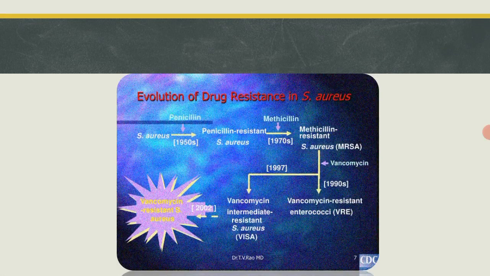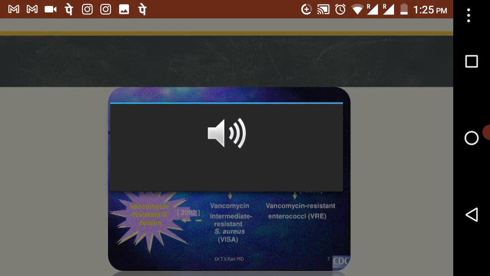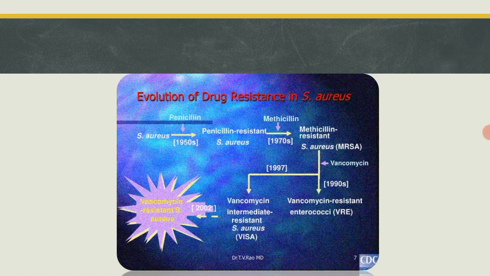Now after that, in 1997, MRSA strains again developed resistance against vancomycin too. We call these the vancomycin intermediate resistant strains and the vancomycin resistant enterococci.